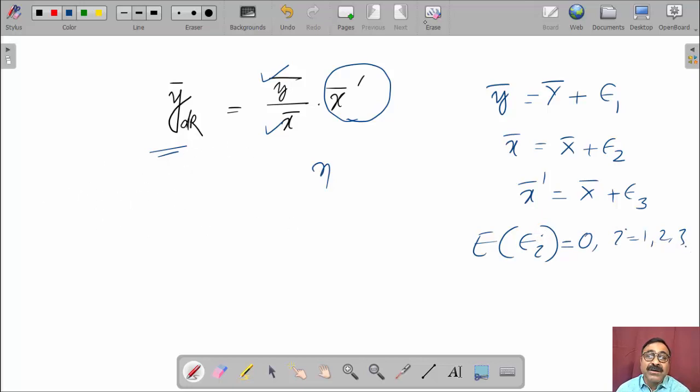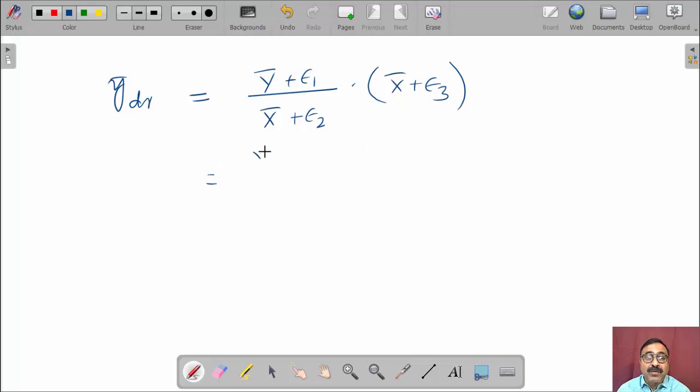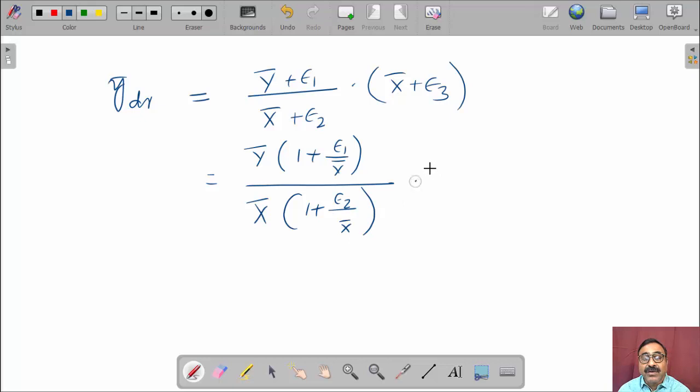So now our double sampling ratio estimator ȳ_dr for estimating the population mean can be written as (Ȳ + ε1) / (X̄ + ε2) times (X̄ + ε3). This is equal to Ȳ (1 + ε1/Ȳ) divided by X̄ (1 + ε2/X̄), times X̄ (1 + ε3/X̄).